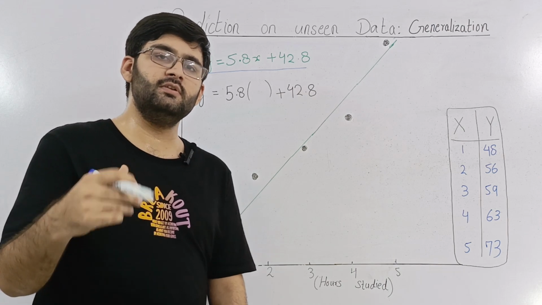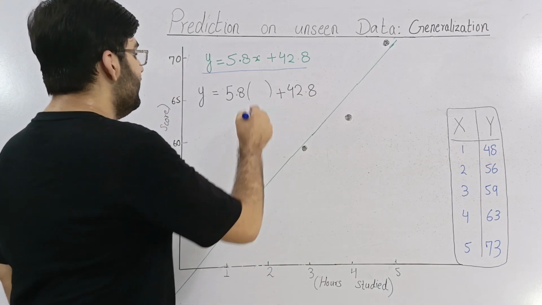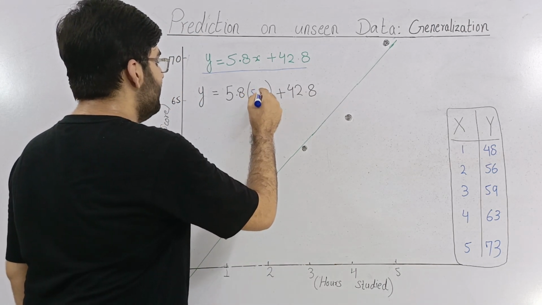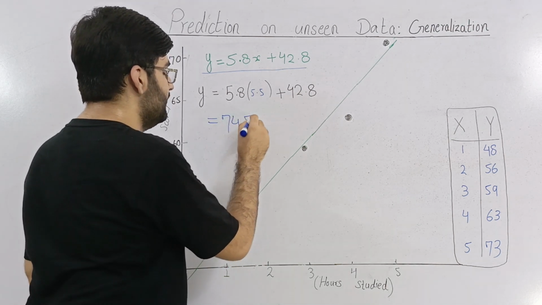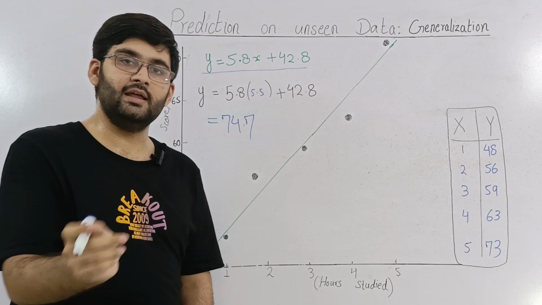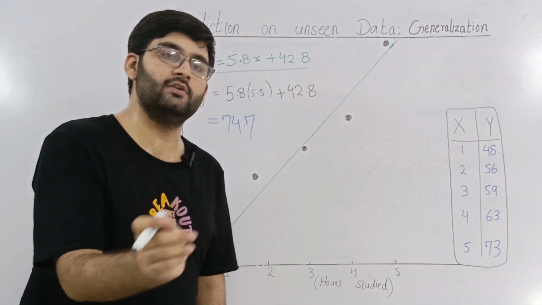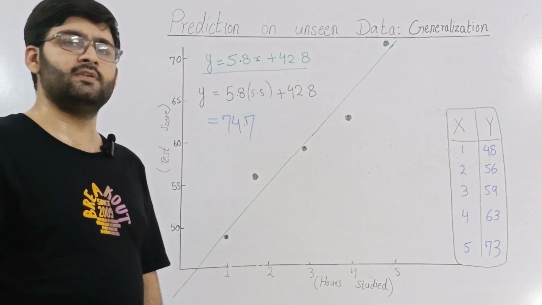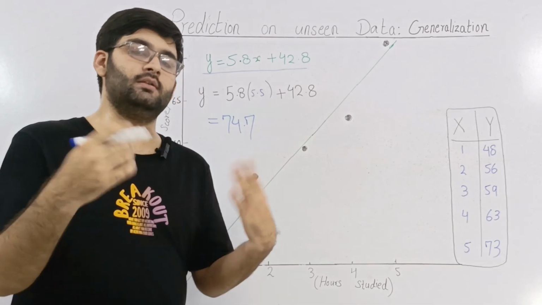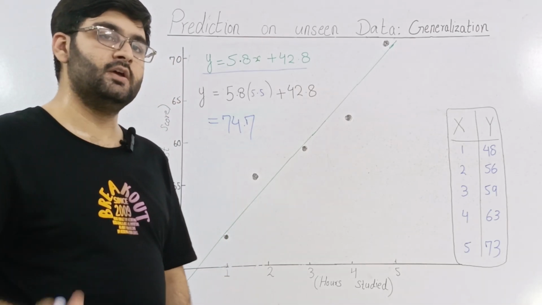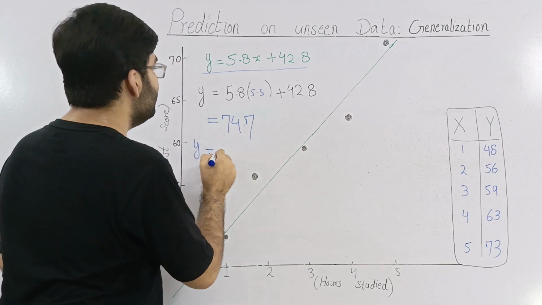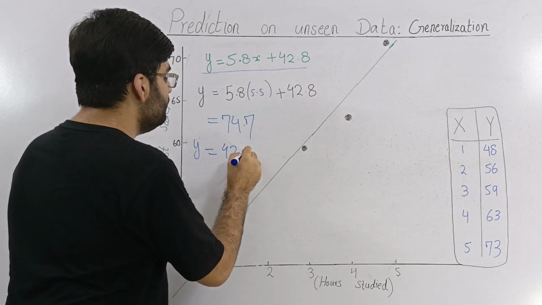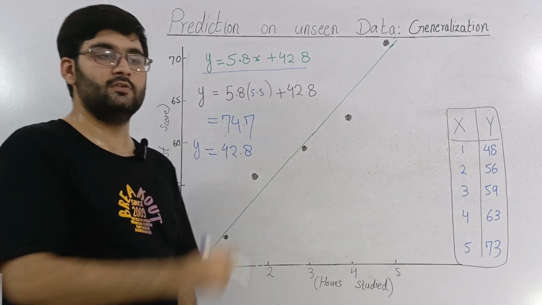So we can simply plug in 5.5 in our model and we will get 74.7. So we can tell him your test score will be 74.7. Another one says, I did not study at all. What will be my test score? So we can plug in 0 for his study hours and get 42.8 as his test score.